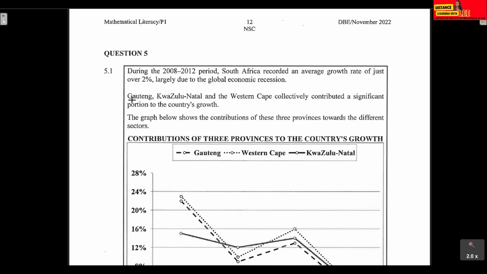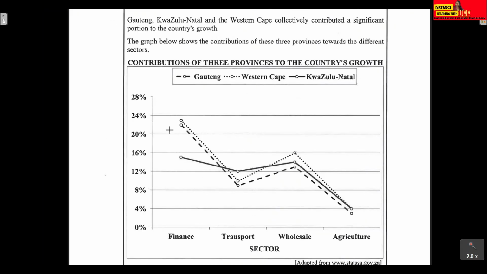We are told that Gauteng, KwaZulu-Natal, and the Western Cape collectively contributed a significant portion to the country's growth, and that the graph below shows the contributions of these three provinces towards the different sectors.